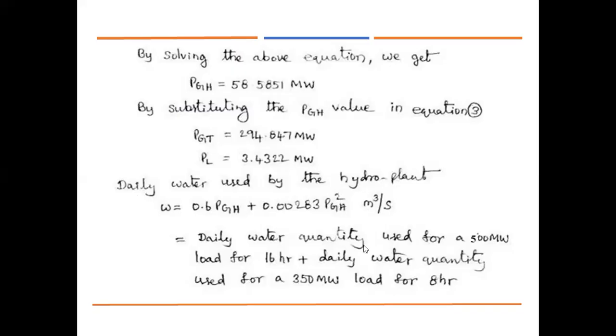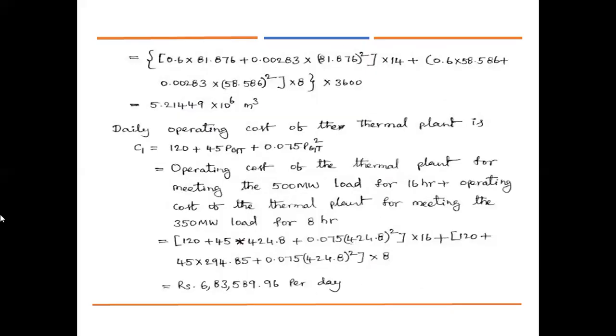Here we have two cases, so we will get two terms. The first term is the daily water quantity used for a 500 megawatts load for 16 hours, plus the daily water quantity used for a 350 megawatts load for 8 hours.